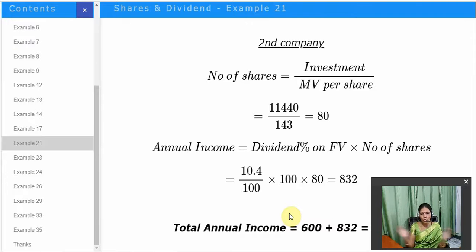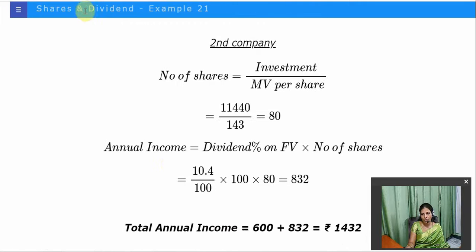They are asking what is the total income. So first company annual income plus second company annual income, together you need to sum up. This is the first company annual income and this is the second company annual income. You need to total it up and you will get the total annual income. I'll just close here so that you can view the answer.